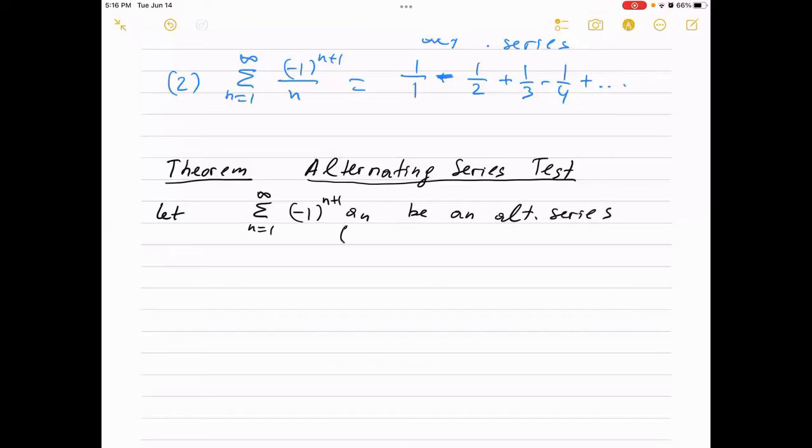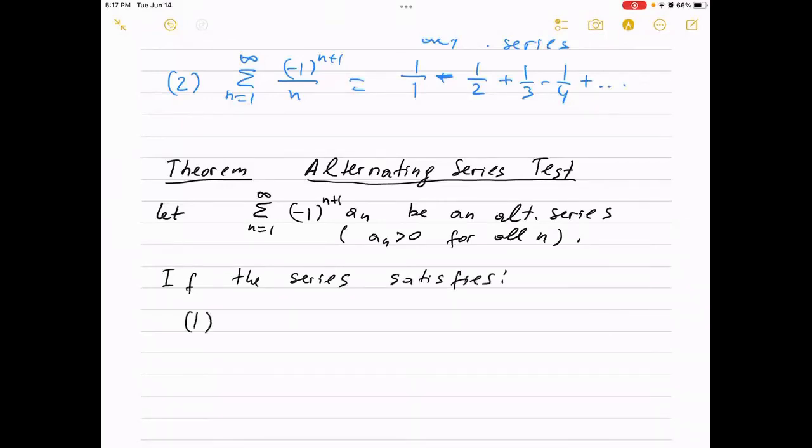Here I will assume that a_n is bigger than 0 for all n. Now, if the given series satisfies the following two conditions.